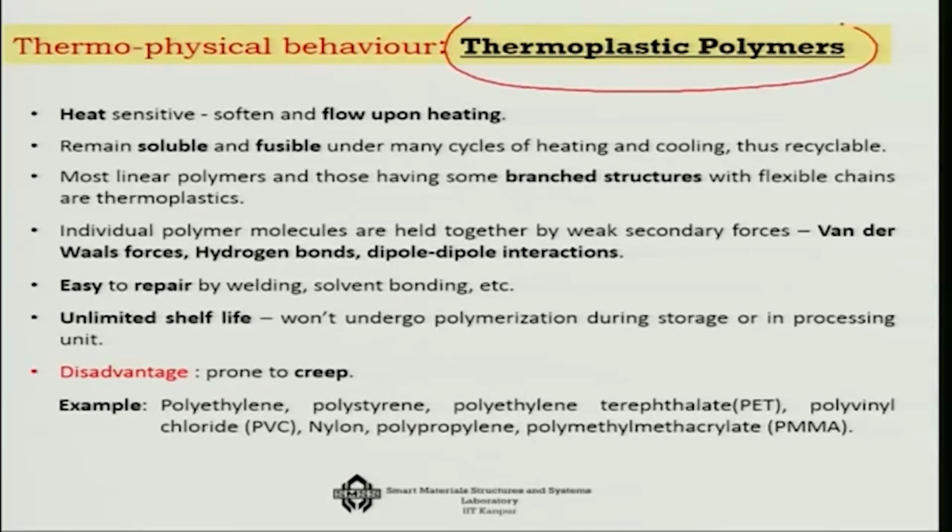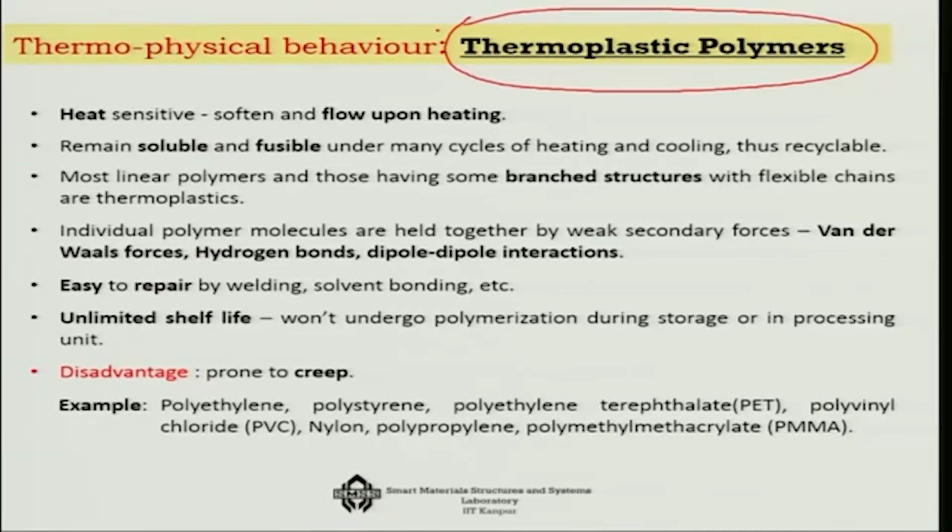If you find the polymer to be linear or branched, then there is a high degree of probability that it is a thermoplastic polymer. On the other hand, if it is cross linked or networked, then it is more possible that it is a thermoset polymer.